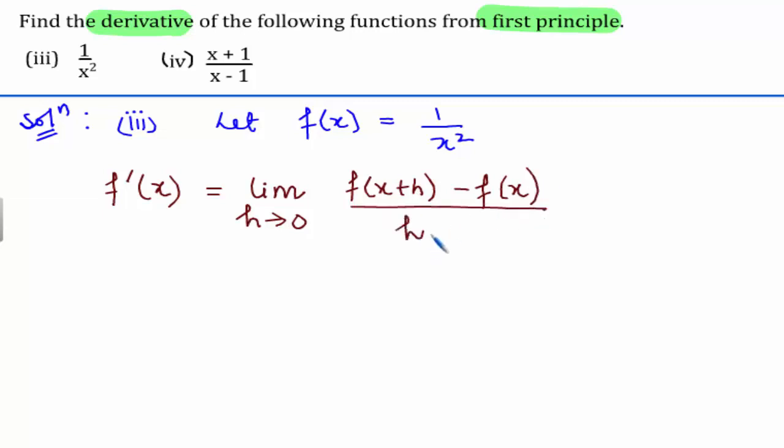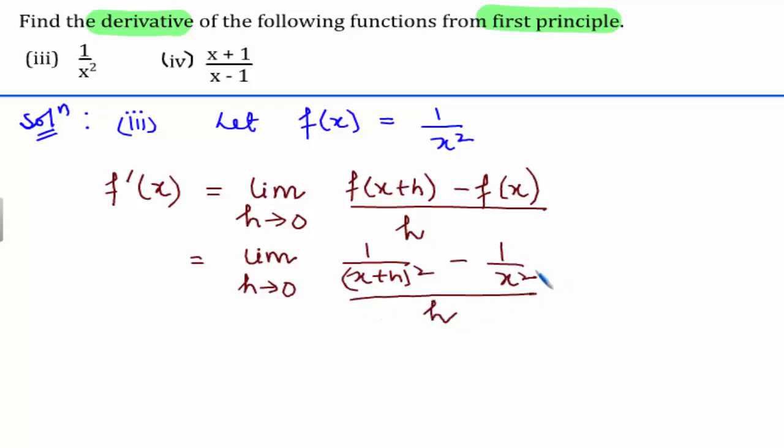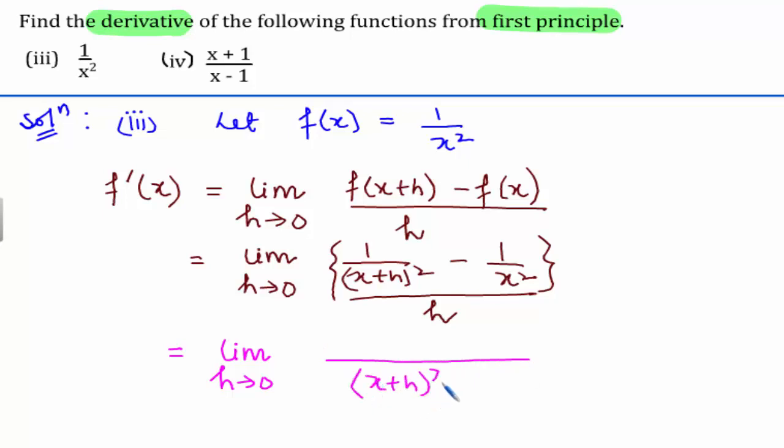This can be written as limit as h tends to 0. Now we have 1 upon (x plus h) whole square minus 1 upon x square, whole divided by h. Now this is equal to limit as h tends to 0. In the numerator, taking the LCM, we have (x plus h) whole square into x square.